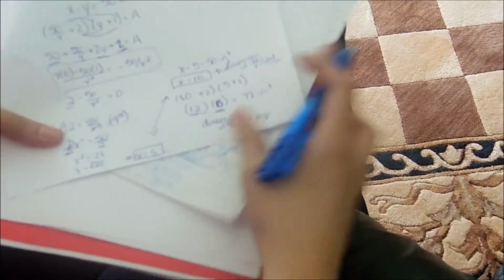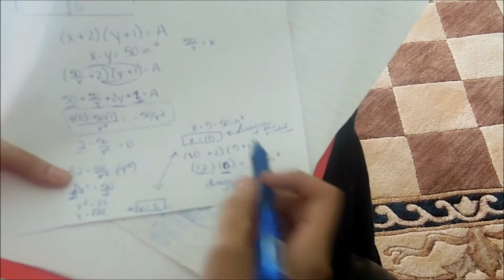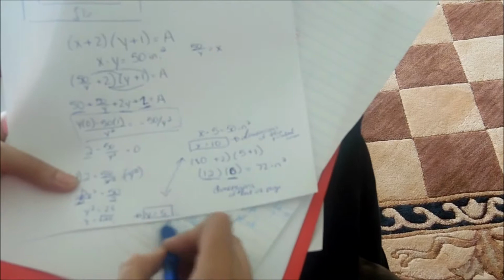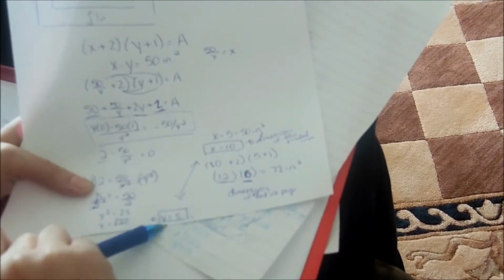Now, just to go a little further, for the dimensions of the actual, entire page, we just go back. Since we found out what the length and the width of the printed area are, you just replace the x value and the y value into the original equation of the area of the entire page.